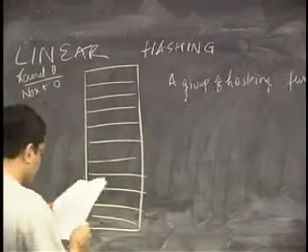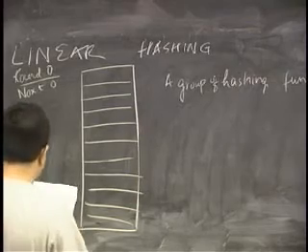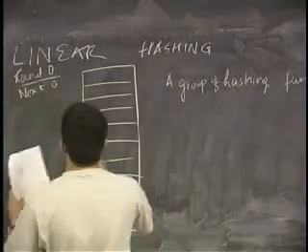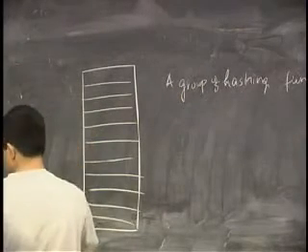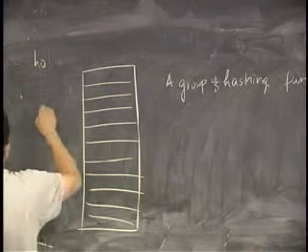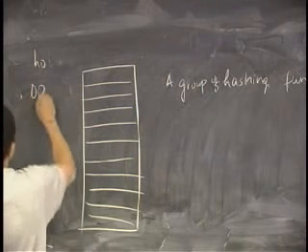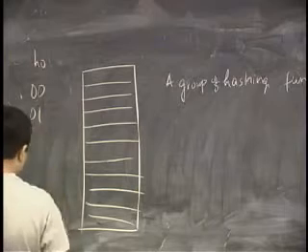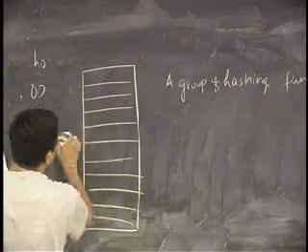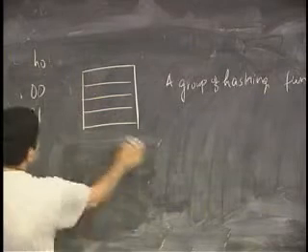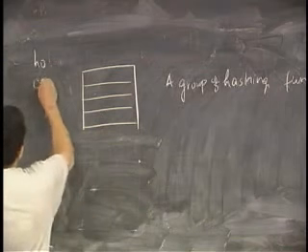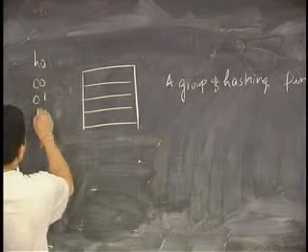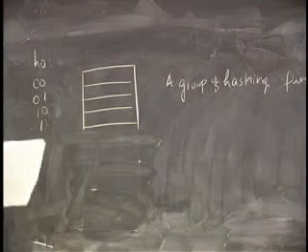I'll fill up the table the way it is in the example, so I can tell you how things are working. I will just write this up here. H0, and in this there are 00, 01, so they take 4 buckets: 1, 2, 3, 4. We can extend this later on, but let's take 4: 00, 01, 10, 11.